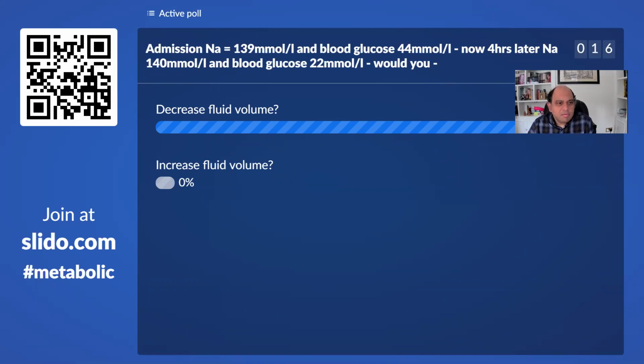Okay, I think everyone so far wants to decrease the fluid volume. Okay, maybe if we just pause there.